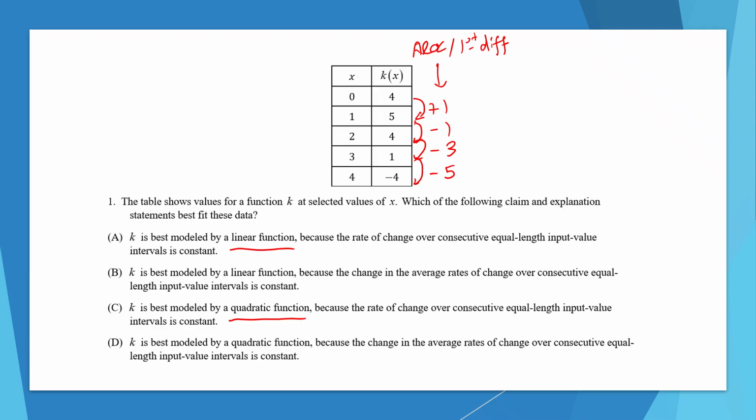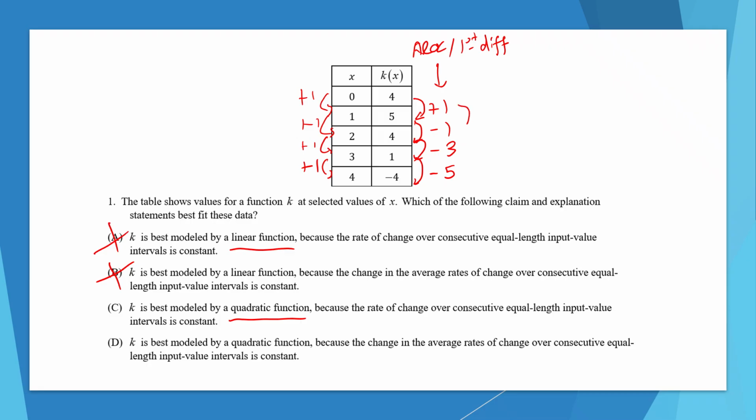They're not the same. And this is over equally spaced inputs. So here they're all +1, +1, +1, +1, which is kind of a given for both linear and quadratic, but it is important just to note that. But here the first differences are not constant, so we know it is not a linear function because of that. So we can eliminate A and B.